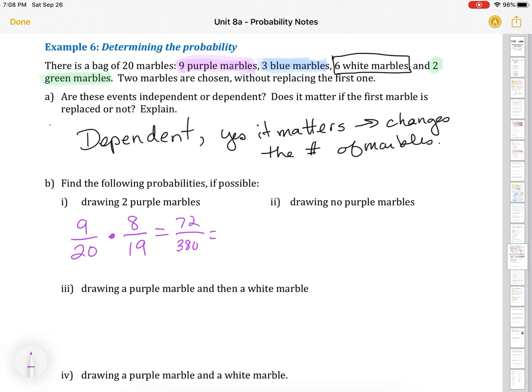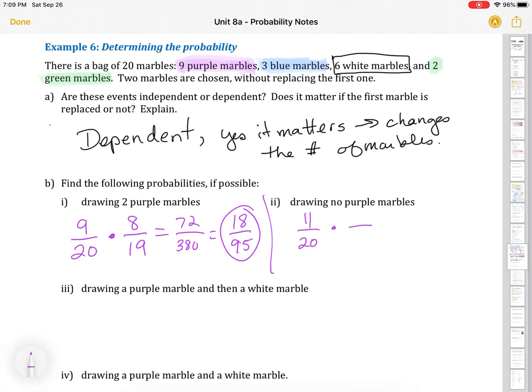So we multiply through. 9 times 8 is 72 over 20 times 19 is 380. I can divide the top and the bottom by 4, and I'll get 18 out of 95 for that probability.